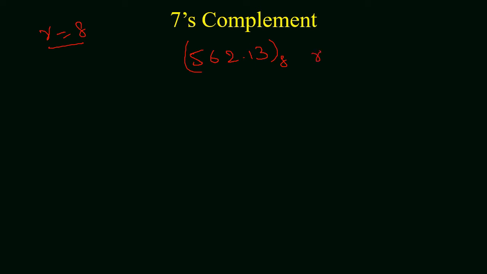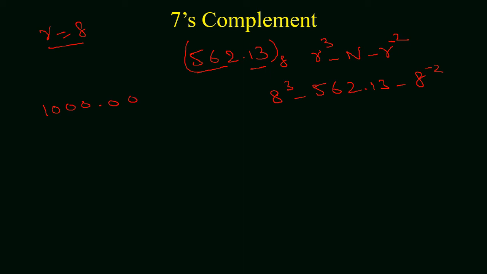So the relation will be r^3 because we have 3 digits before the decimal, minus the given number, minus r^2, and here we have 2 digits after the decimal. So it will be 8^3 minus the given number minus 8^-2.